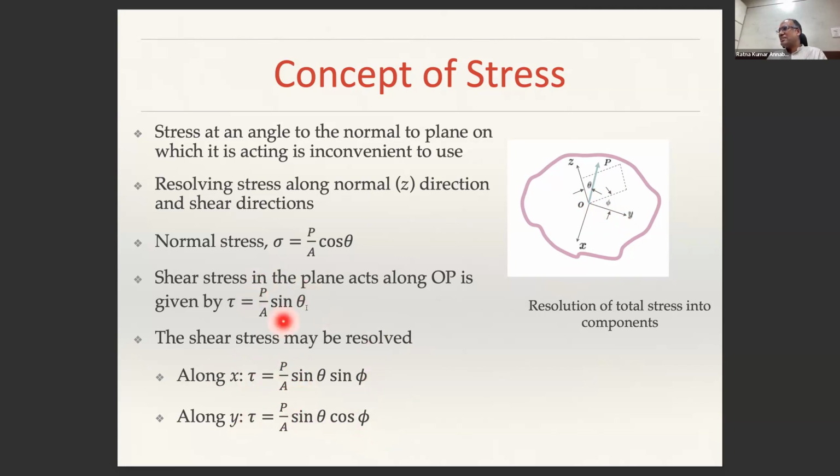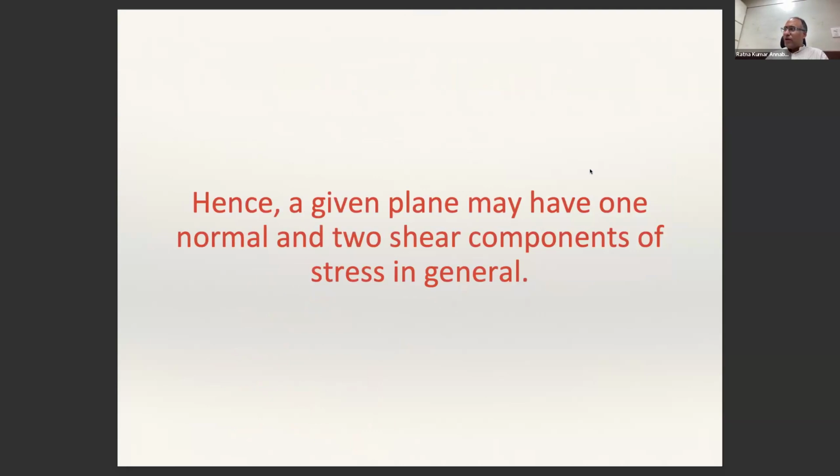This P by A sin theta is the resultant shear stress acting along OP here. So this is how we define normal stress and shear stress. A given plane may have one normal and two shear components of stress in general.